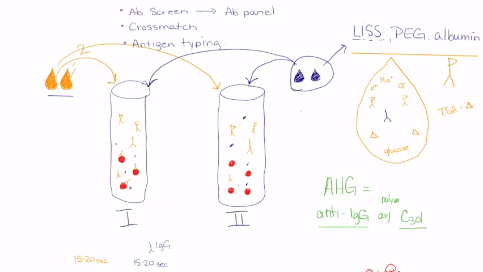What we want to establish here is that this is an antibody that has been made and manufactured against human IgG antibody. So it's an antibody to human IgG.